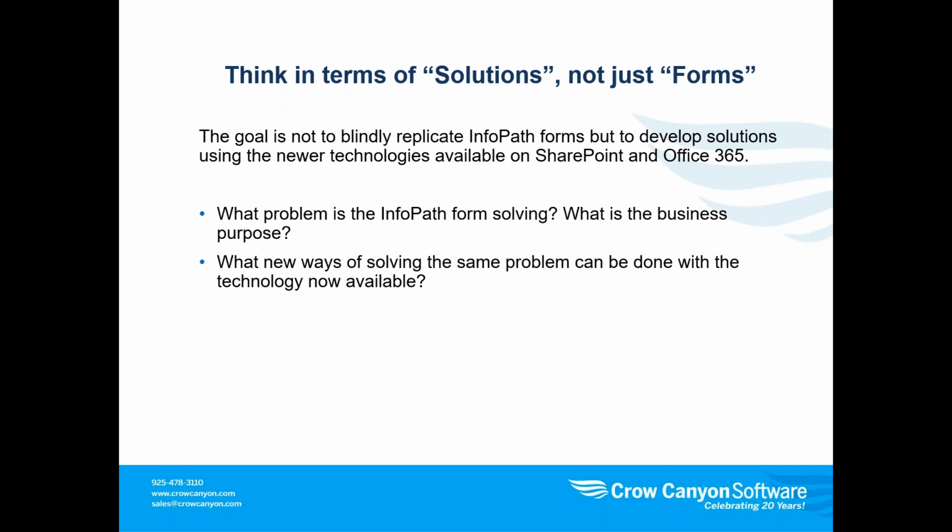In that case, there's only so much flexibility you have to incorporate new technologies. But still, it's important to think in terms of solutions, and if you can move toward something more efficient and productive, utilizing the latest technologies, you certainly want to do that.